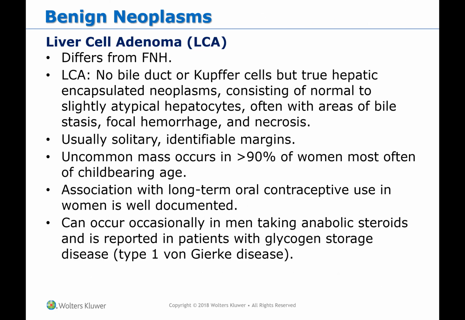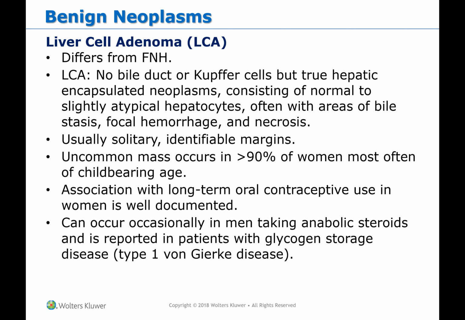Liver cell adenoma differs from the focal nodular hyperplasia because there's not really any true hepatic cells in it. It's usually solitary with identifiable margins. And then guess what? It's more common in women. And guess what?